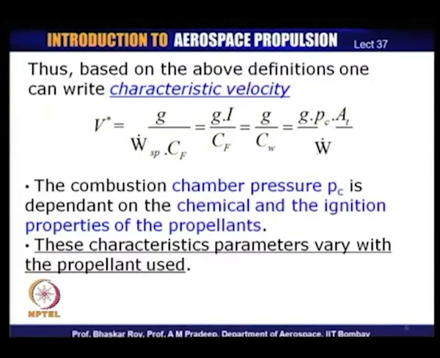Combustion chamber pressure P C, which is used here as a normalizing parameter for many of these fundamental parameters, is dependent on the chemical properties of the propellant, and it is also dependent on the ignition properties of the propellant. So, the way the chemical properties are selected, the propellants are selected, the oxidizer, the fuel, and the way the ignition is done or the combustion is done in the combustion zone would create the combustion chamber pressure.